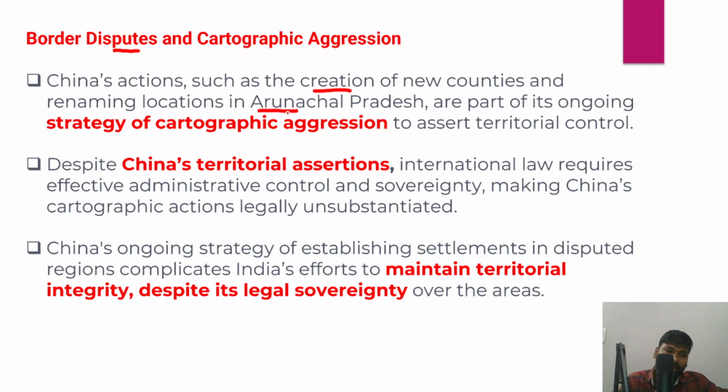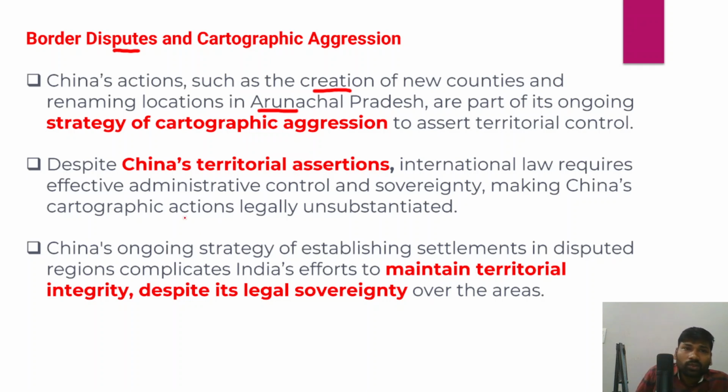China is renaming some places in Arunachal Pradesh to assert its claim that Arunachal Pradesh is part of China, but that's a false claim. Arunachal Pradesh will always remain part of India, and this is a potential assertive claim by China, right?